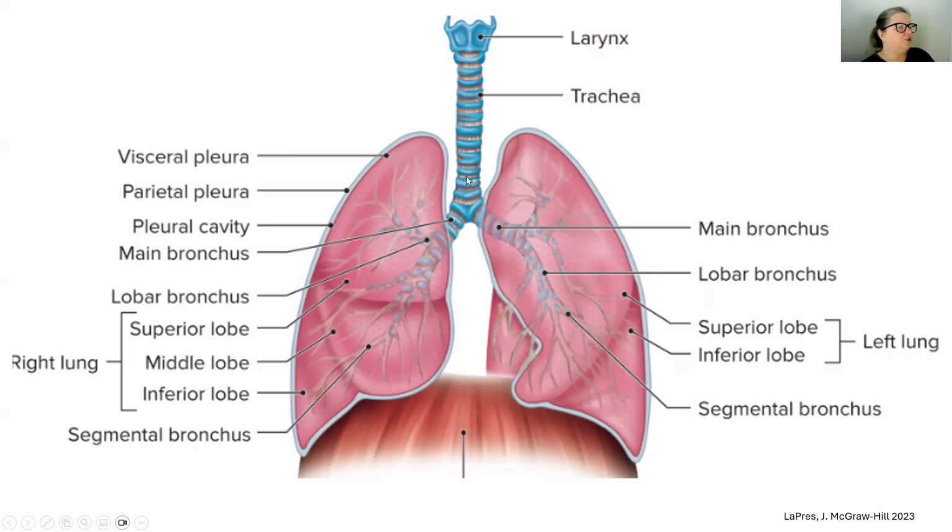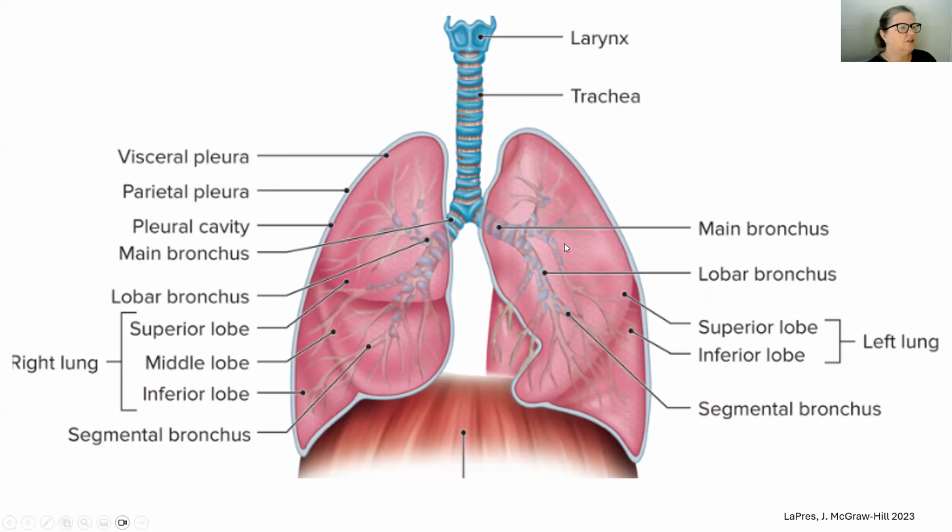It splits off into bronchi or bronchus. Bronchus is, of course, singular, bronchi is plural. But it splits off into two, the right and the left. So this would be the right, this would be the left. And enters the lungs at that point.